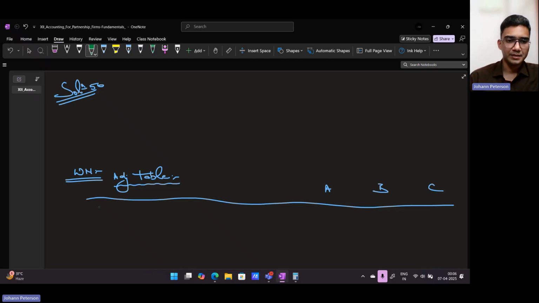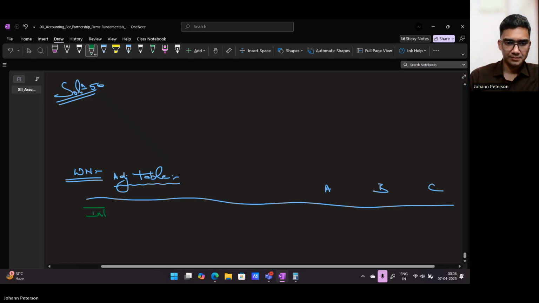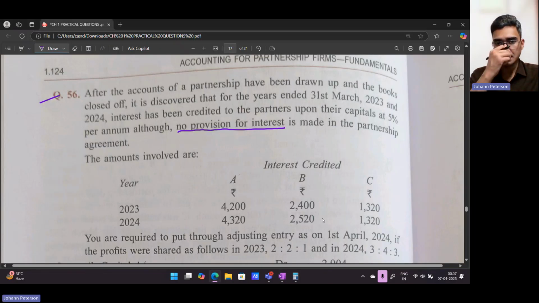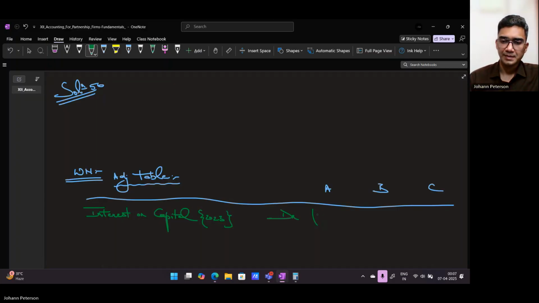So, we will write this interest on capital. This is for 23. Since we're taking it back, so I'm writing debit. Amounts will be in negative 42, 24, 13, 20. So 4200, 2400, and 1320.